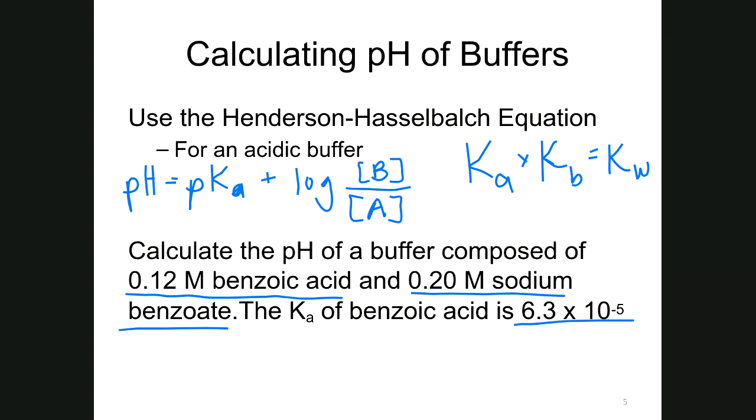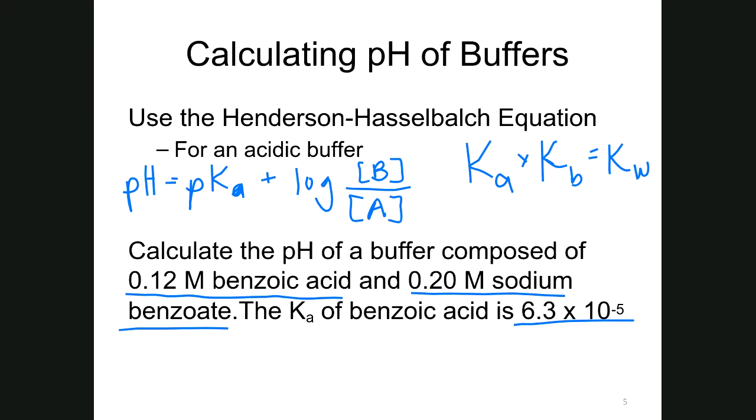Now I do want to note that when you're dealing with the Henderson-Hasselbalch equation, you can either use molarity for your concentrations, or you can use moles. Because we're dealing with the same solution, your volume is going to be the same. So your concentrations of B and A can either be in molarity or moles. In this case, we're given molarity, so we're just going to stick with that.